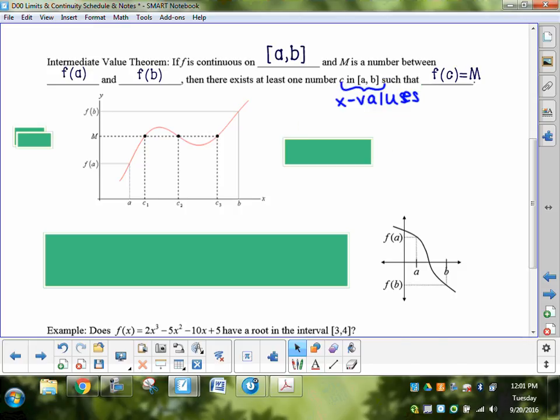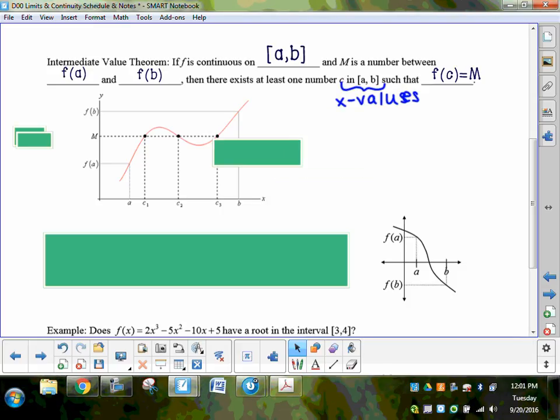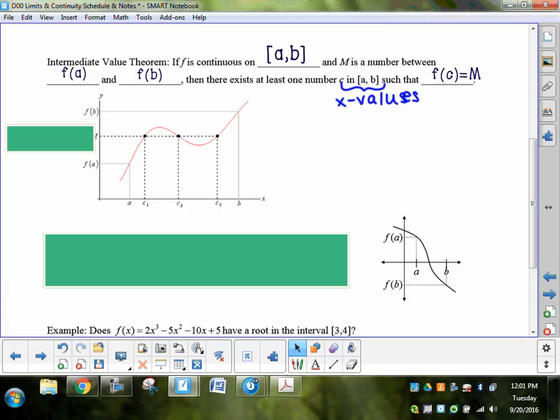So what you're saying is that if I know where it starts and where it ends, and the function is continuous, I know it has to take on every output value, or function value, or y value between the lowest and the highest. It has to encounter all of them from the start to the finish.